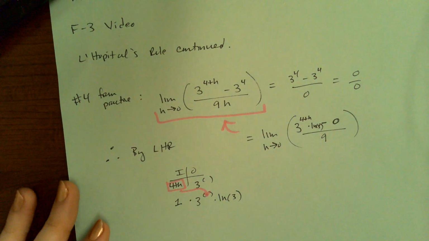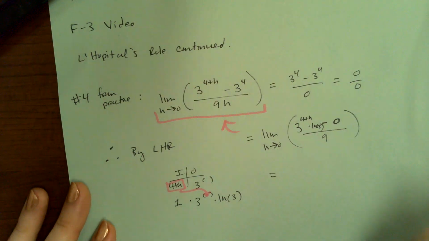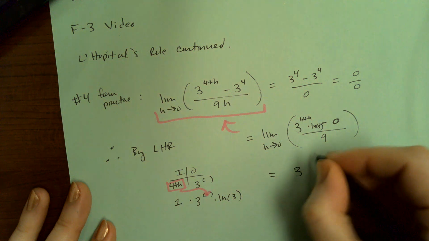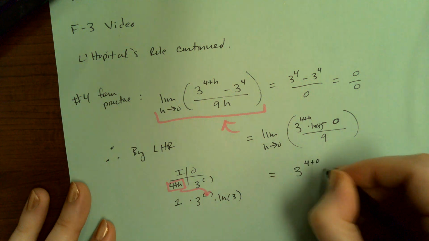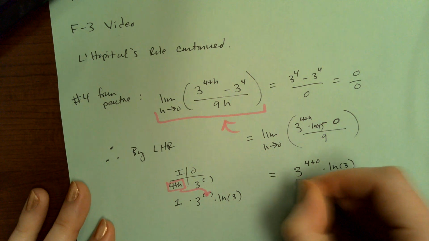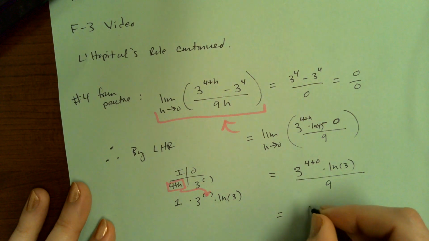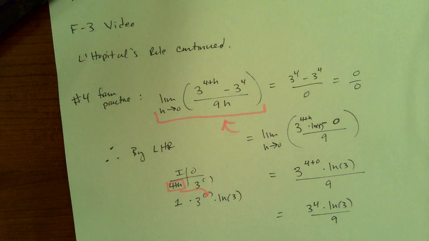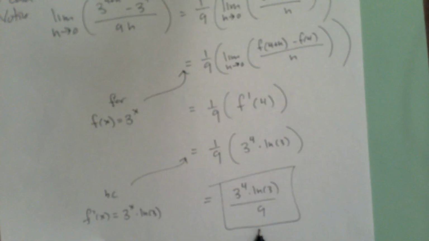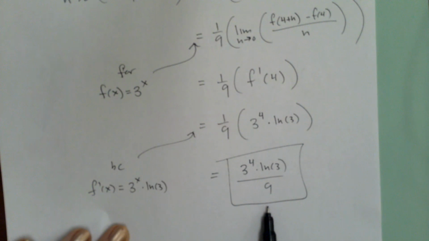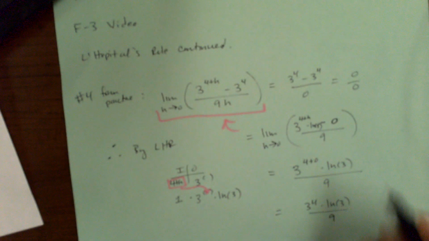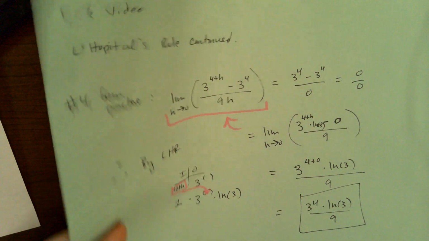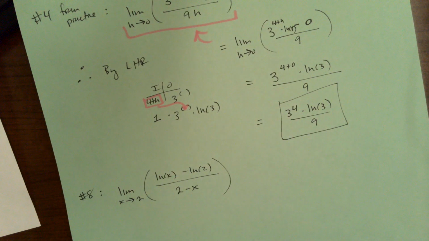Then you do direct substitution again. I plug 0 in, and we get 3 to the 4 plus 0 times natural log of 3 all over 9, which is 3 to the 4th times natural log of 3 over 9, which is what we would get from this long drawn out process that previous students of mine had to learn.